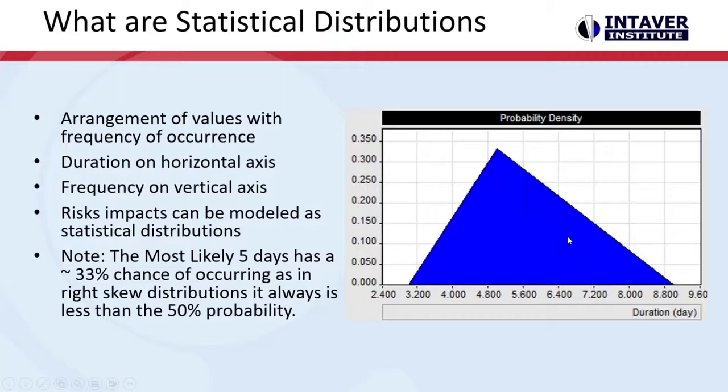But on the other side, on the tail here, an activity can go on and realistically become infinite. It never gets done because something occurs. So we always tend to have a longer tail. It tends to be right skewed when we do schedule risk analysis. And I would say if you see a schedule that has a lot of equilateral triangles or distributions on there, they're probably not going to be very realistic.